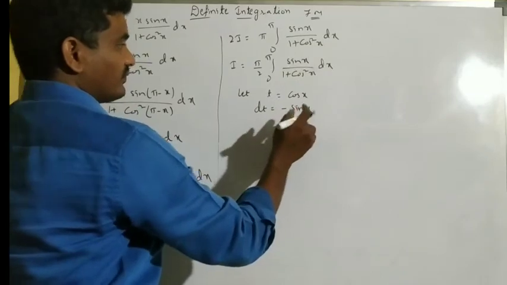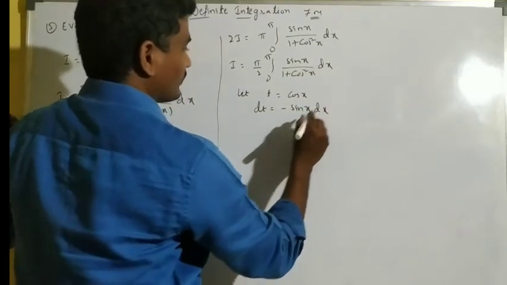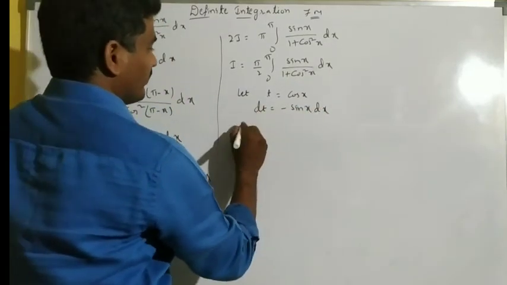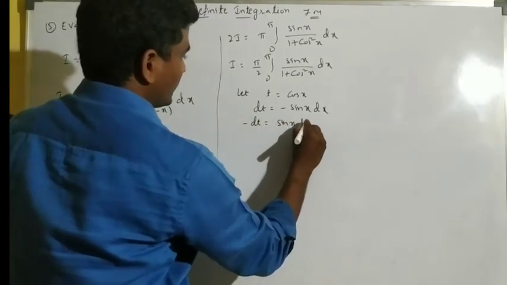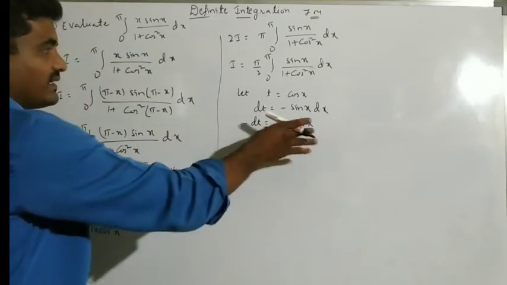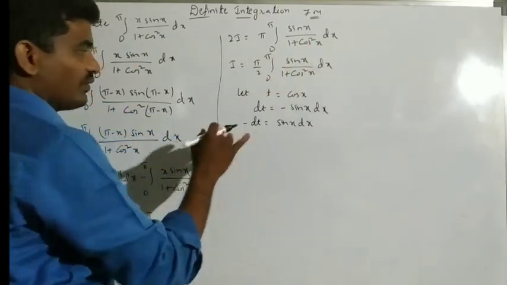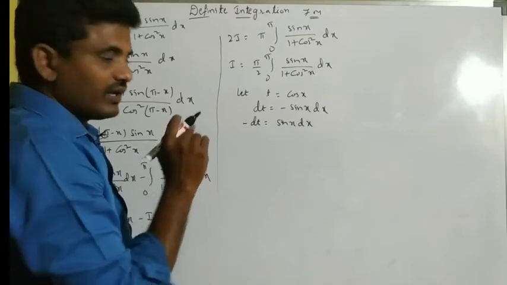So when you take the minus, minus dt equals sin x dx. Sin x dx value I am going to substitute here. Before that we have to find the upper limit and lower limit.